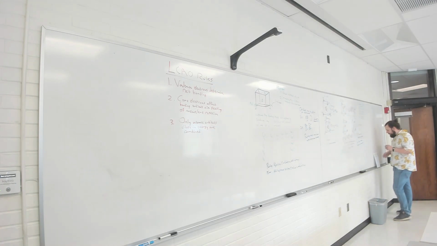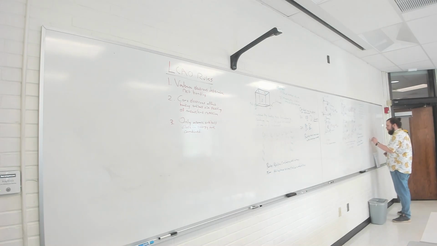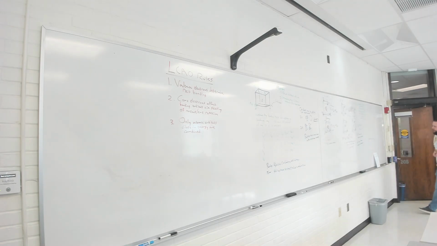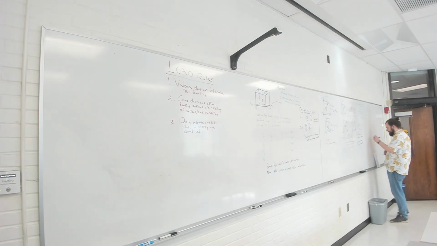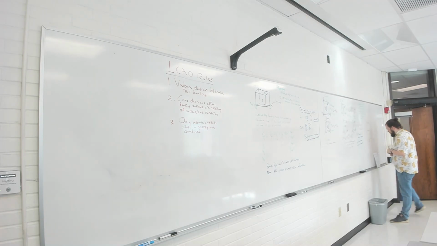So the molecular orbital diagram of methane looks like this. There's my 2p's.